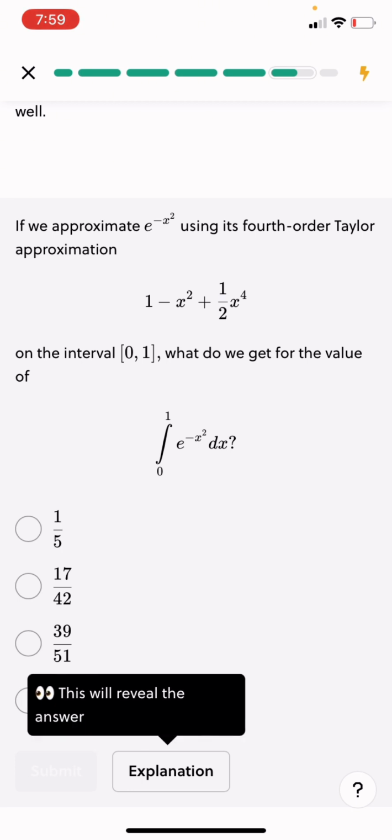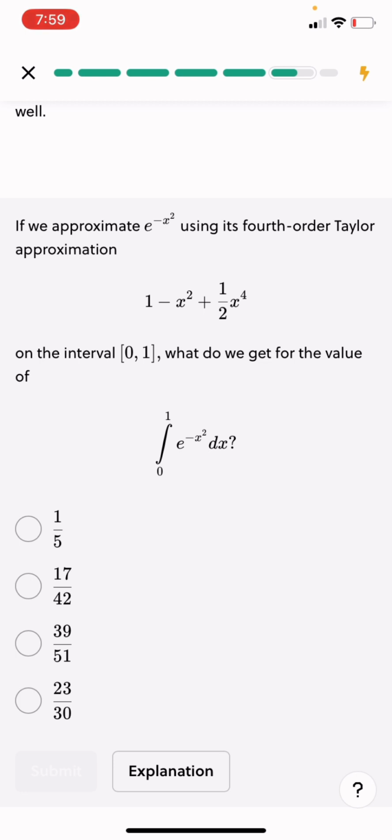Let me see if there's any hints. No, there's not. So what would be a good estimate? It may be 30, or it may be 25.